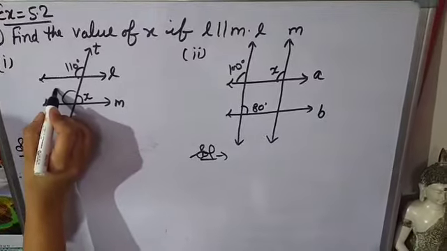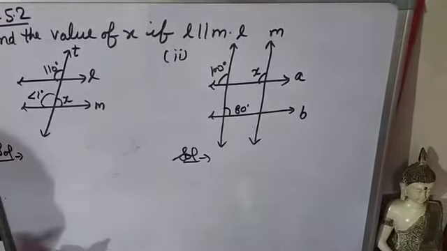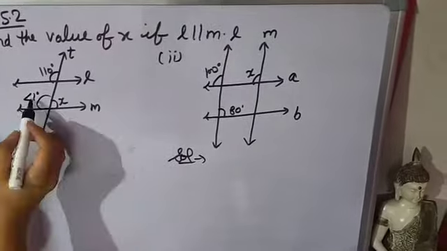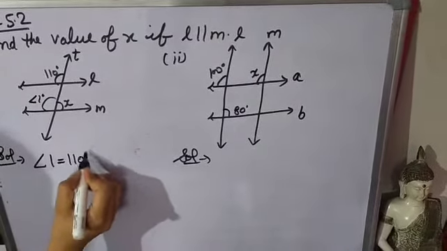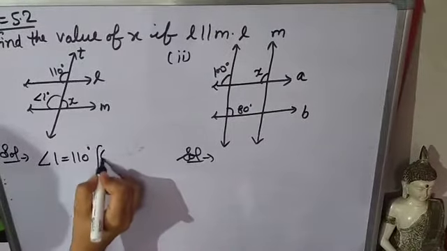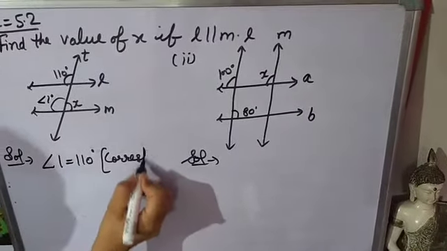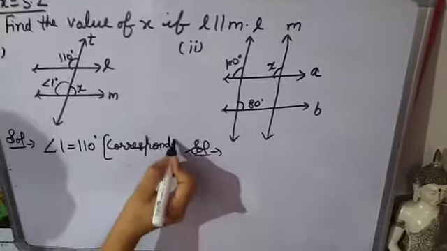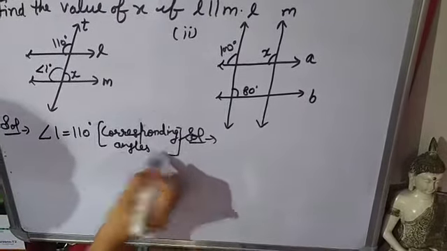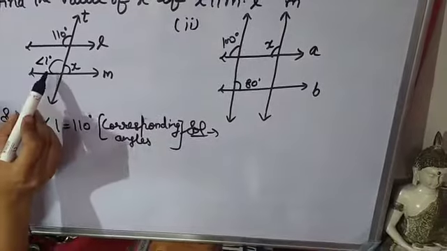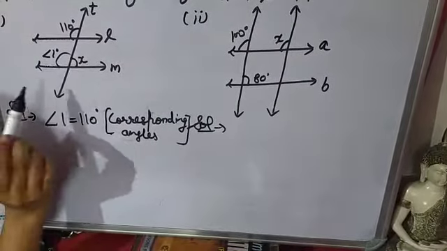Let this be angle 1. So you will write angle 1 should be 110, because they are corresponding angles. So the value of angle 1 is 110 degrees.